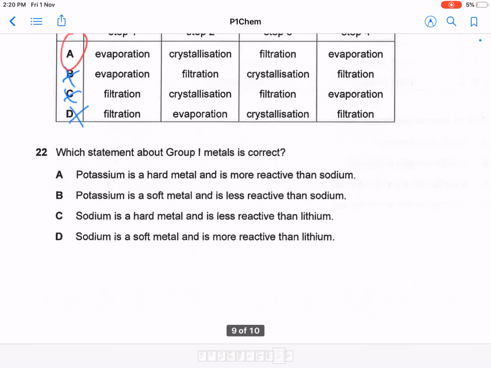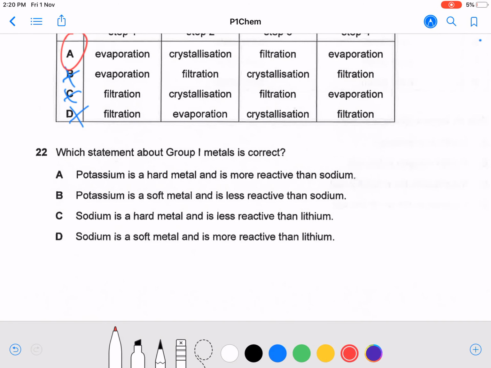22. Which statement about group 1 is correct? Group 1 at the top, there's lithium, sodium, potassium, rubidium, cesium, francium. They're all soft. Is potassium hard? No, it's not. Sodium is hard? No, it's not. So it could be potassium is soft.